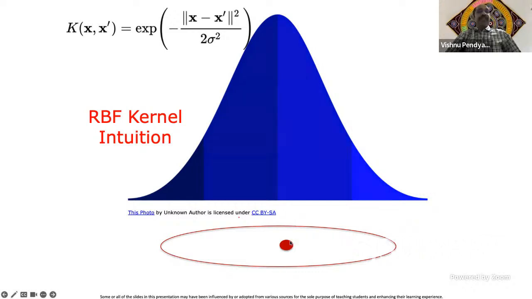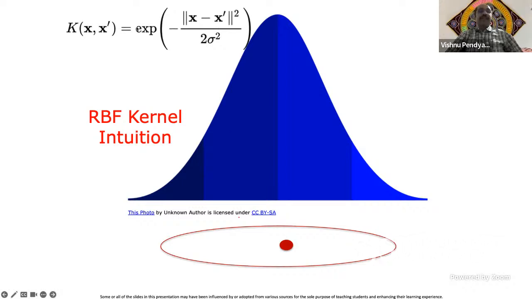So x is the point, and x dash could be the test data. So the kernel between x and x dash. You can also view kernel as a weight, right? Remember, we talked about attention model. We are giving some weight to points, support vectors. So you can think of kernel as a weight you are attaching to the point, to the test data, or to the data in consideration, right?